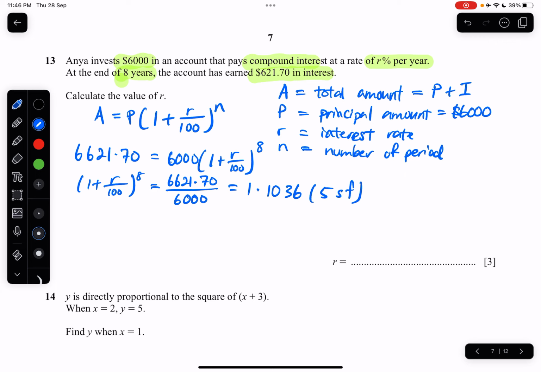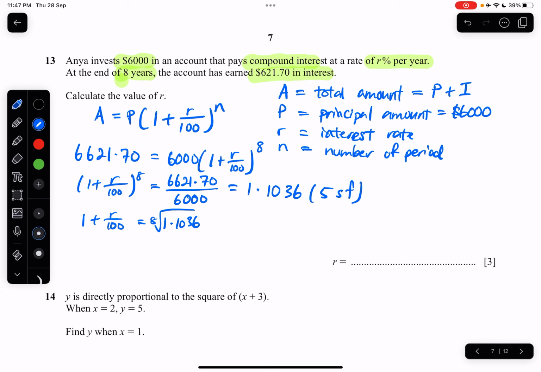Now how do I get rid of this 8 over here? I will take the 8th root. So I'll have the 8th root of 1.1036. Now using the calculator again, we have to find the 8th root. 1.1036, and I find the 8th root.